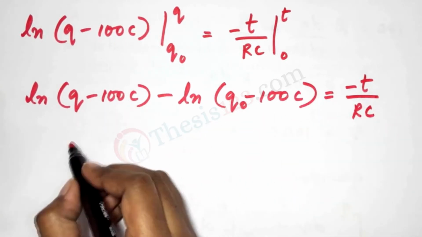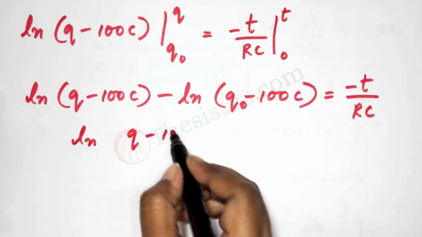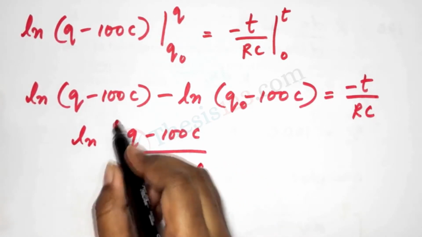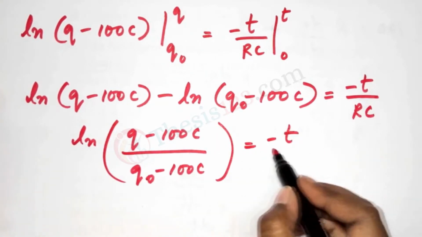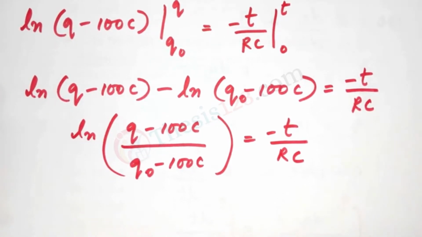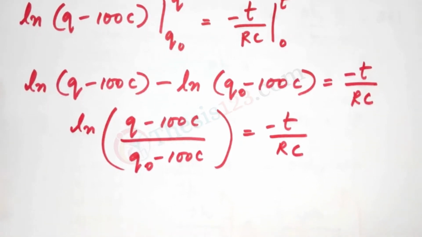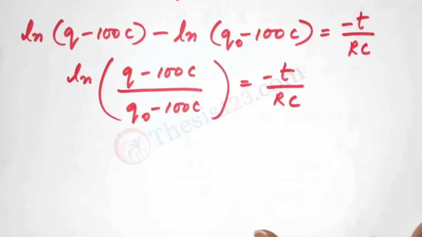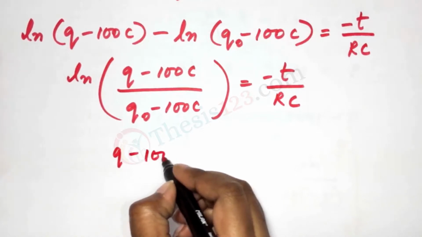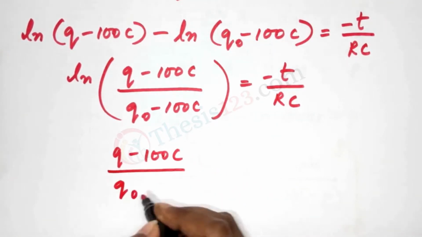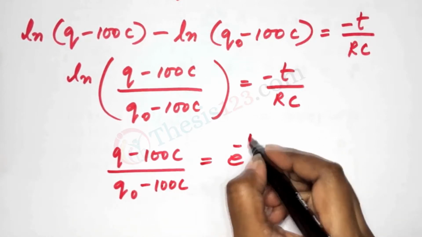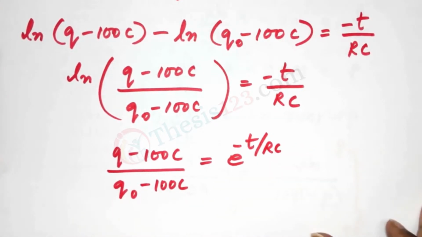log A minus log B, ln of (Q minus 100C) divided by (Q0 minus 100C) is equal to minus t by RC. Now, let's take the exponential on the other side, which gives us (Q minus 100C) divided by (Q0 minus 100C) is equal to e power minus t by RC, right?